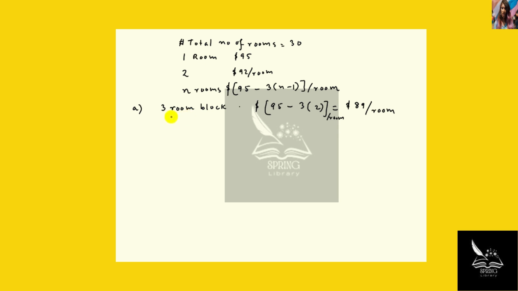And we also have to find what is the total revenue, or what is the total money we get by renting the three room block.